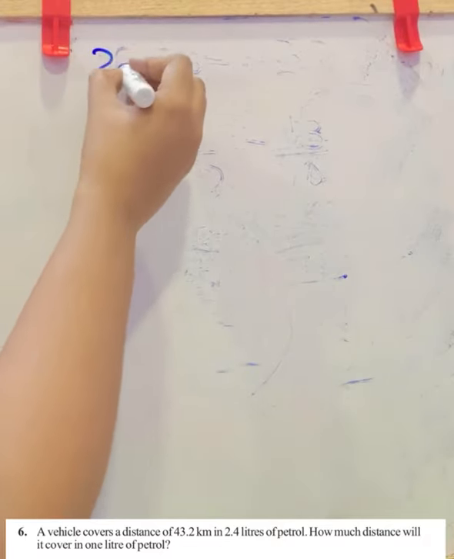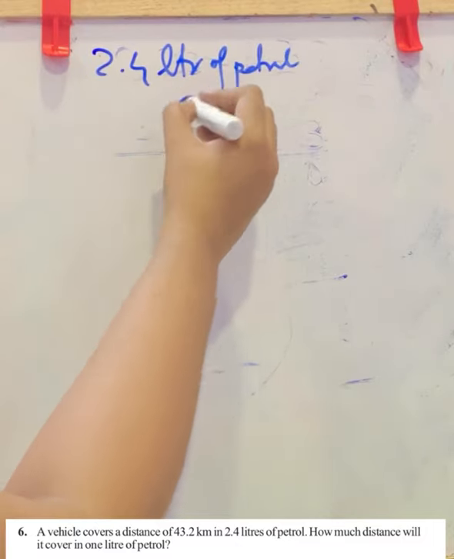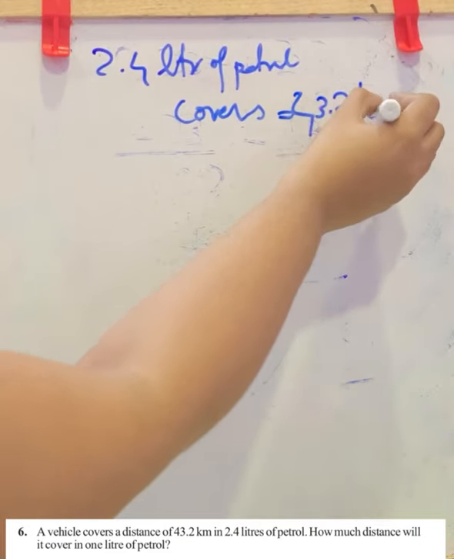Next is the last question from this chapter. It is a statement problem. A vehicle covers a distance of 43.2 km in 2.4 liters of petrol. That is, by 2.4 liters of petrol it covers 43.2 km.